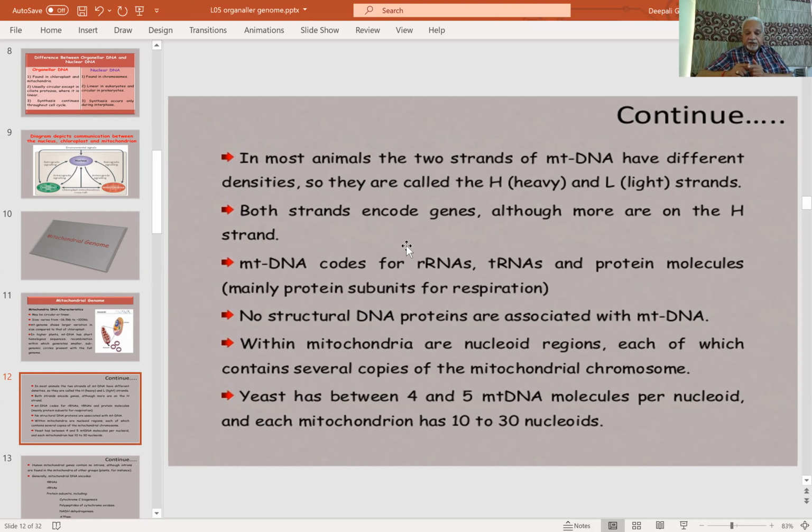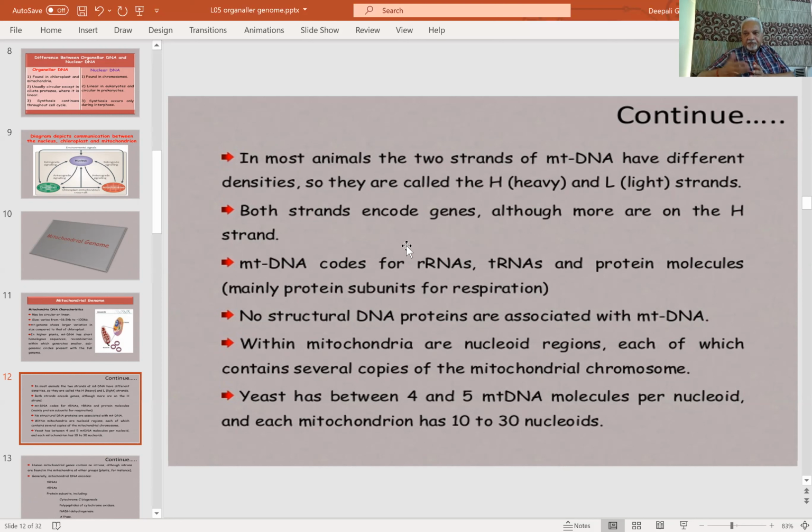So all these proteins which are coded by the mitochondrial genome participate in the functions of the mitochondria. And the mitochondrial genome is present in the nucleoid region of the mitochondria. And as I mentioned, the number of mitochondrial genomes varies from organism to organism.